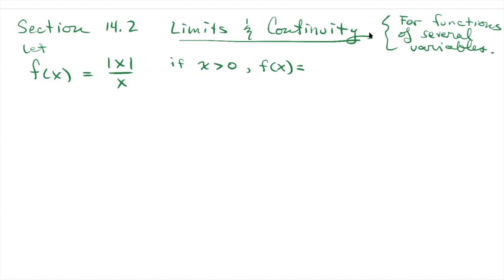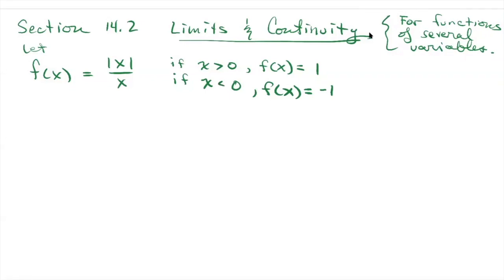It's just 1, because it's just a number divided by itself. If x is less than 0, then f of x is what? Now you have a positive over a negative, so it's -1.